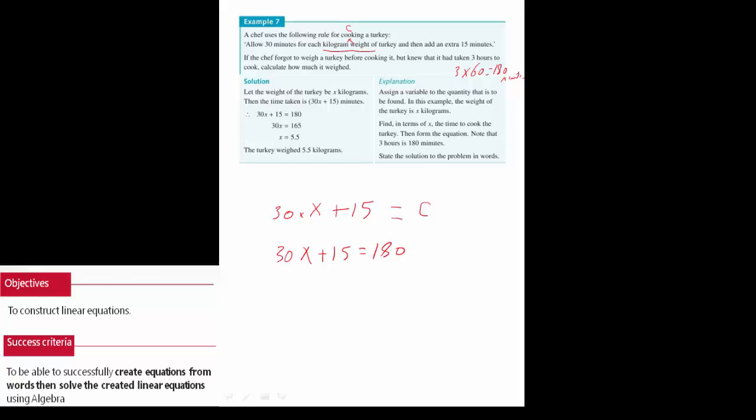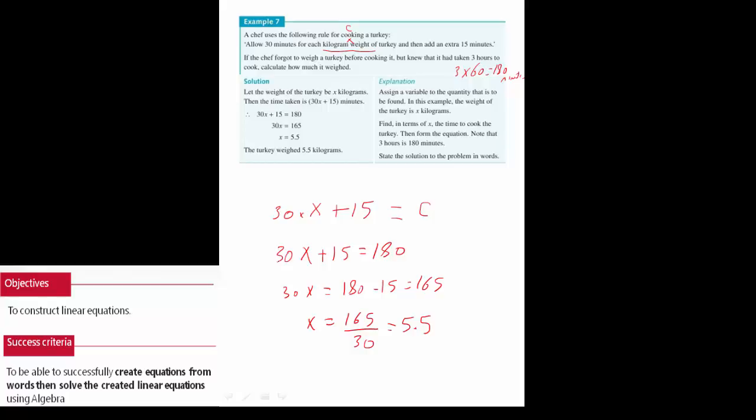This is what we need to find out, the x. Like usual, we take the 15 to the other side. So 180 less 15, which is 165. Then x equals 165 divided by 30, which is 5.5.